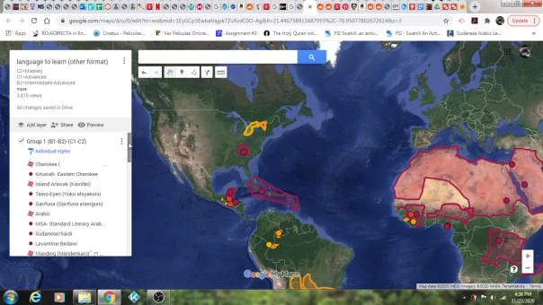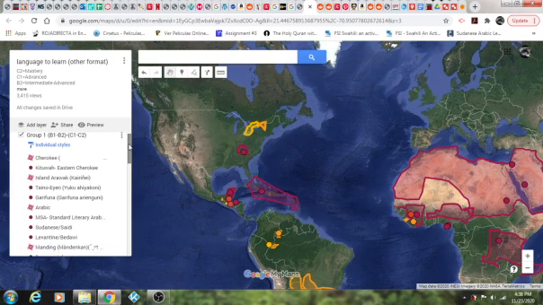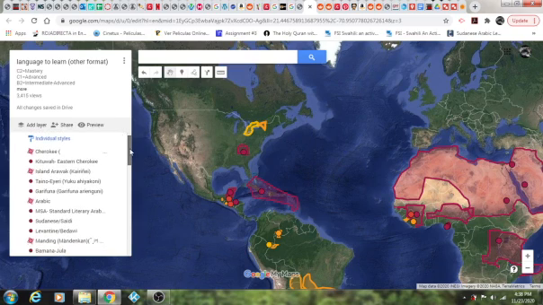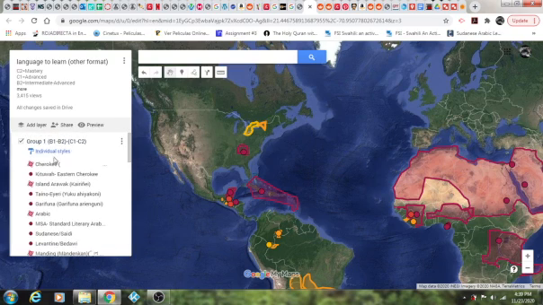I have my de facto top two, which are Cherokee and Island Arawak. But generally this list is going to range from intermediate to mastery. That's my goal, at least.